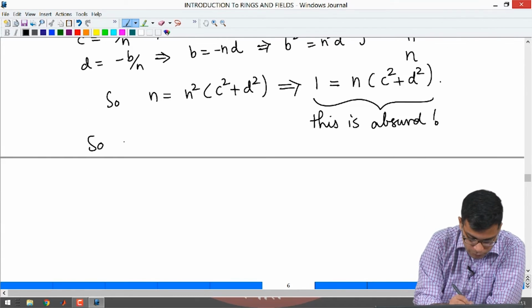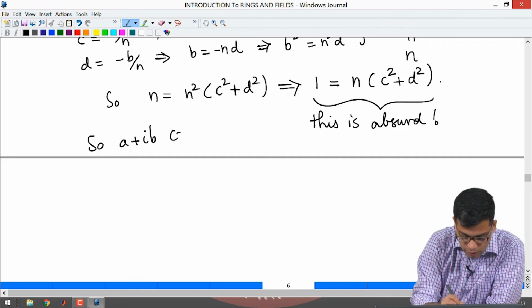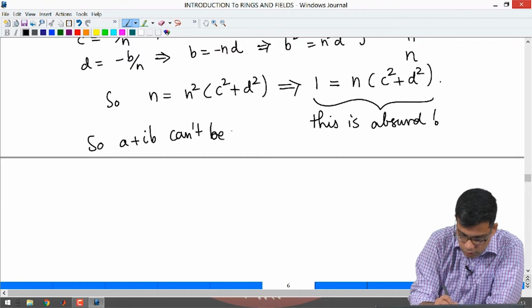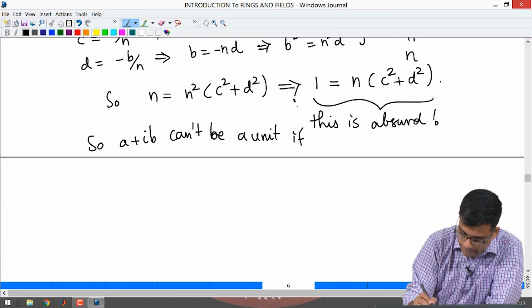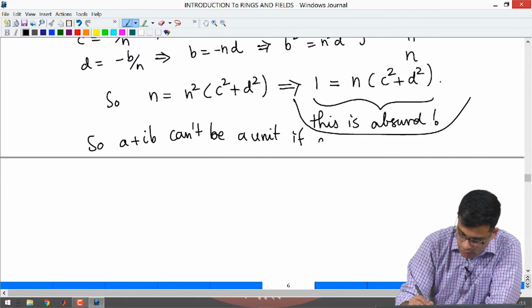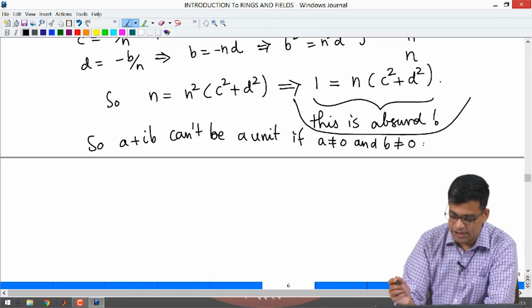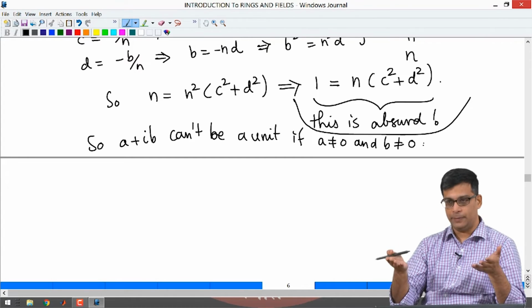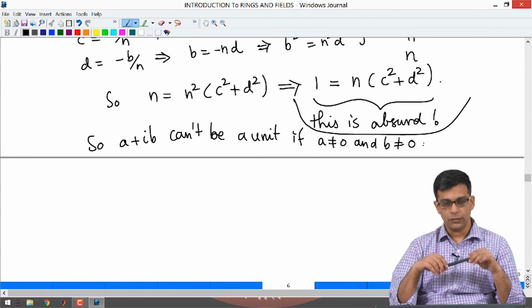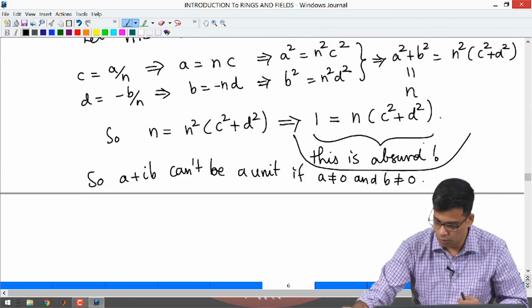So, what is the contradiction? So, A plus iB can't be a unit, if A is non-zero and B is non-zero. So, this proves our earlier claim, so I will go back to that.